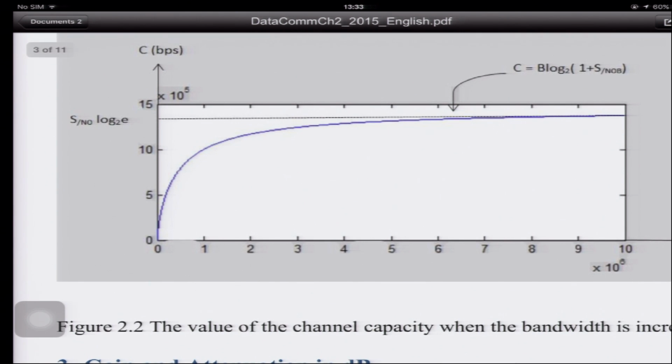So this one, the subscript over there is kind of wrong, but because it's printed. Anyway, C is equal to B log base 2 of 1 plus S over N0B.